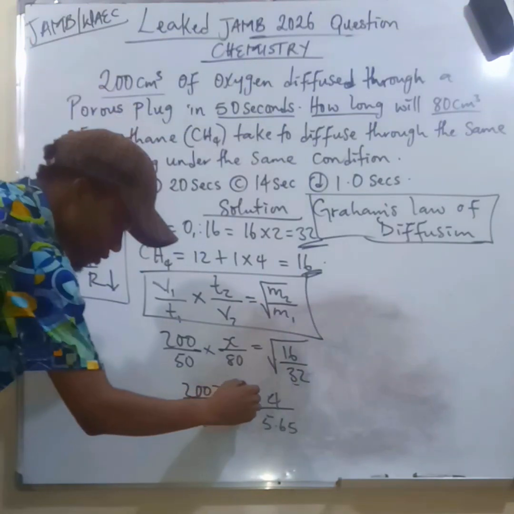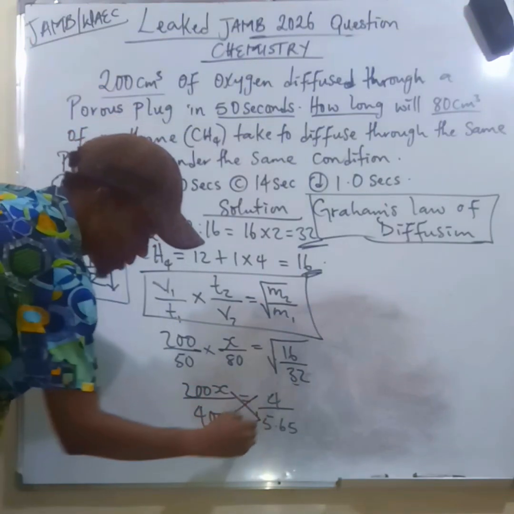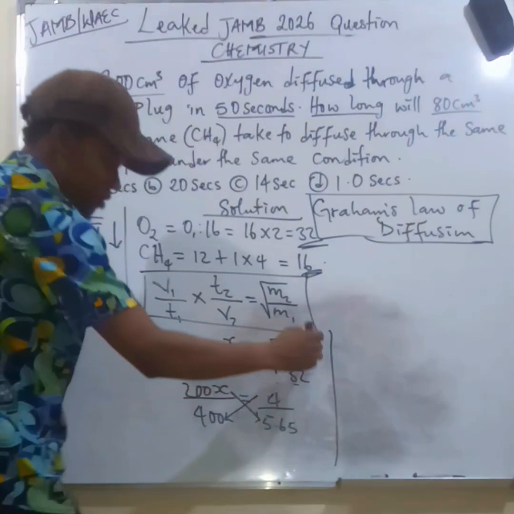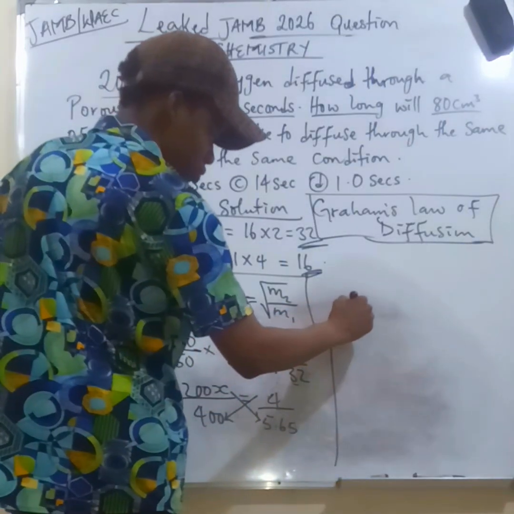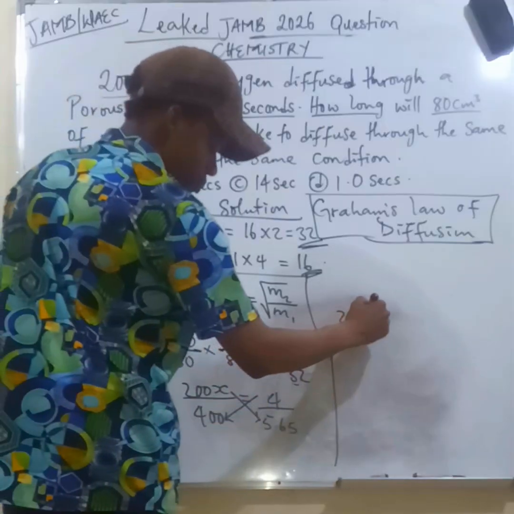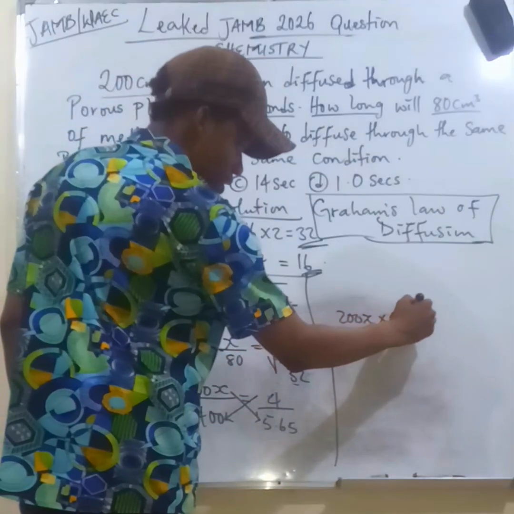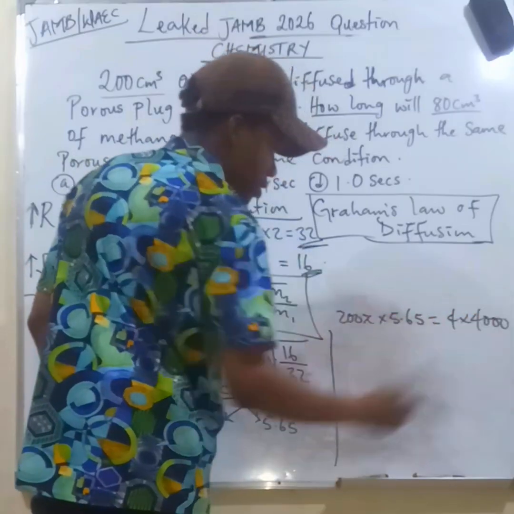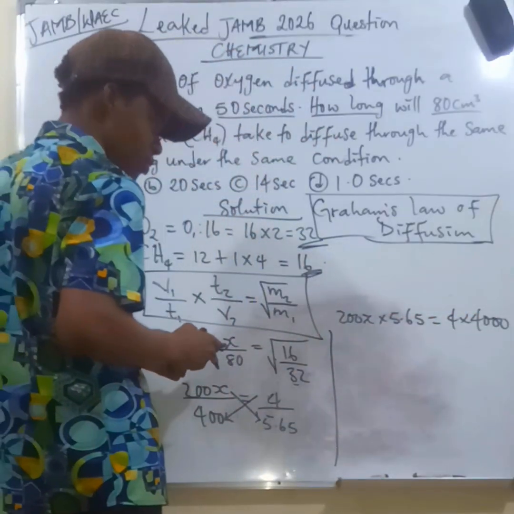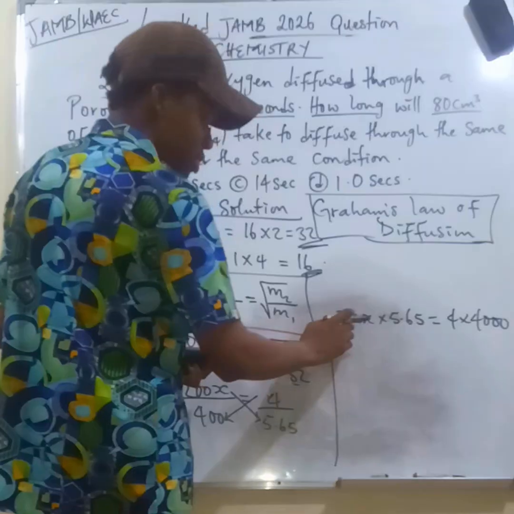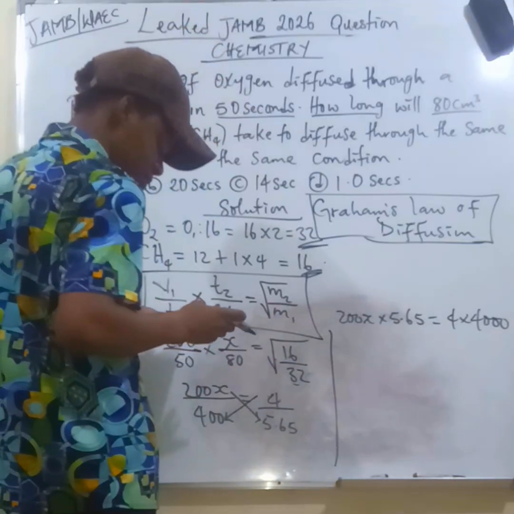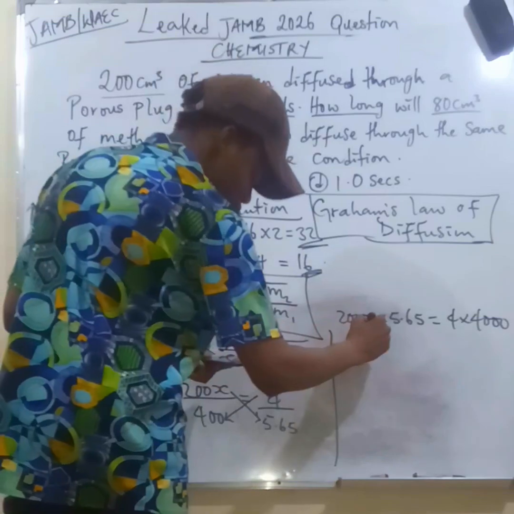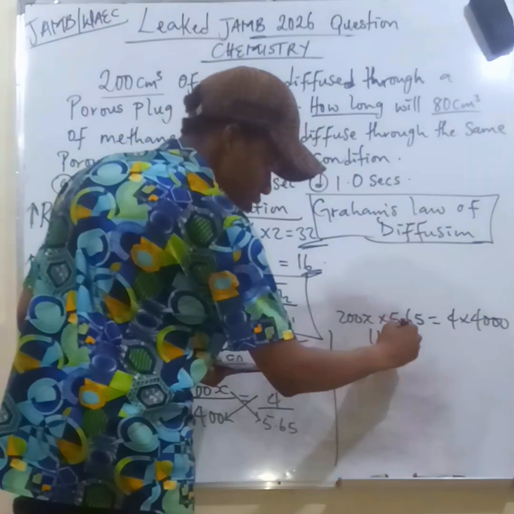And then at this point we are going to cross multiply. So by the time we cross multiply, we have 200x times 5.65 equals 4 times 4,000. So 200x, or just forget about the x, say 200 times 5.65, that is 1130.